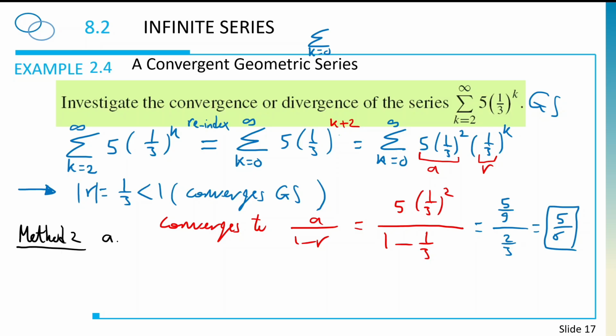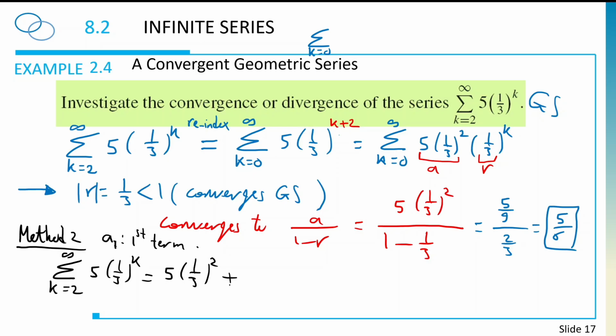The second method: we need to make A the first term. How do I find A as the first term? I'll call it A1. So I need to expand the series. This series, 5 times 1 over 3 to the power k, starts from 2. So try to expand. This is 5 times 1 over 3 squared, plus 5 times 1 over 3 to the power of 3, and the list goes on.